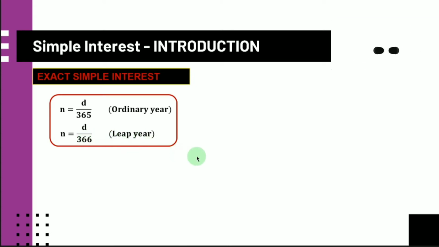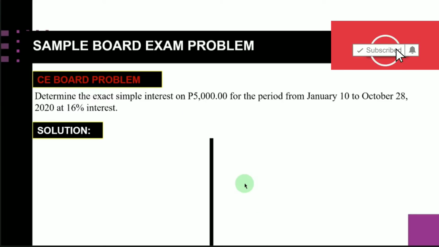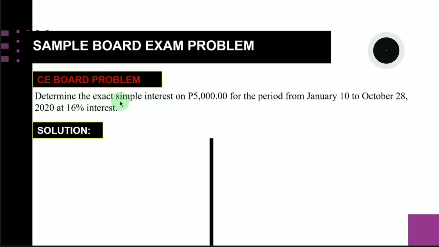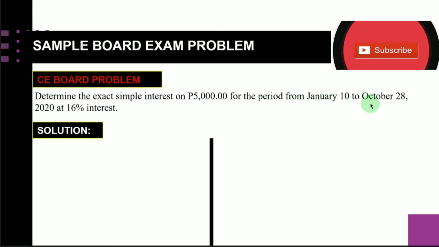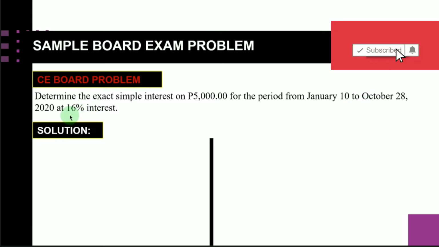So this is now our sample problem. Determine the exact simple interest on 5,000 pesos for the period from January 10 to October 28, 2020 at 16% interest.